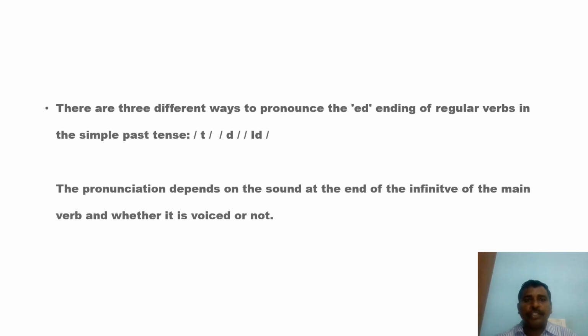So the addition of ED can be pronounced in three different ways. It may take t, d, or id. These are the three different sounds we have to pronounce while pronouncing the past realization, that is ED endings. Now let me introduce them one by one.